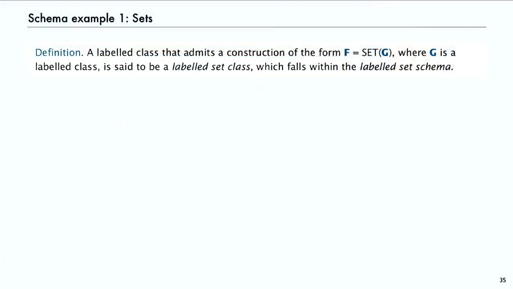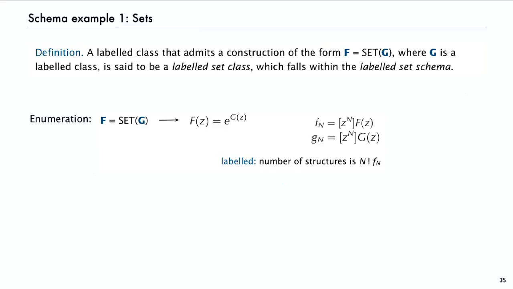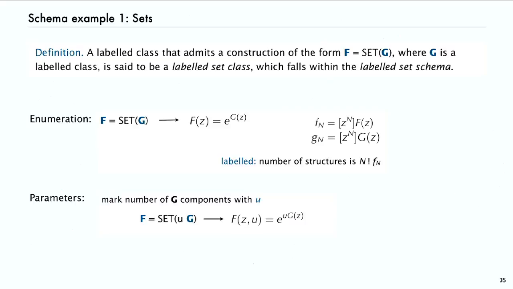Again, this is similar to supercritical sequence, except it's for sets. If you have a labeled class that has a construction of the form F equals set of G, where G is another labeled class, then it falls in the labeled set schema. The generating function, just by the symbolic transfer theorem, we get F of z equals e to the G of z. If F_n is the coefficient of z to the n in F of z, it's labeled so the number of structures is n factorial F_n.